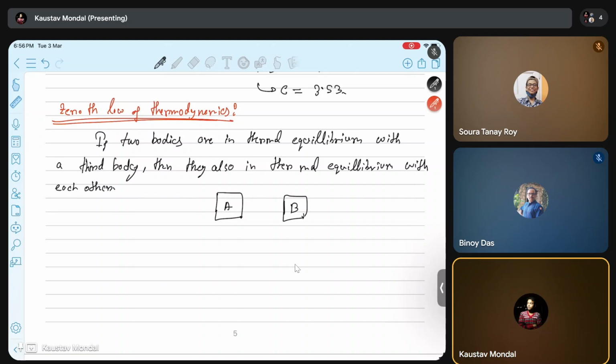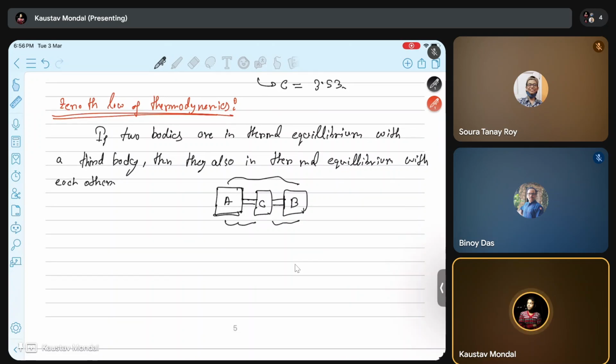Now A and B are both in thermal equilibrium with a third body, let's suppose C. So if A is in thermal equilibrium with C, and B is also in thermal equilibrium with C, that means A and B are also in thermal equilibrium with each other.